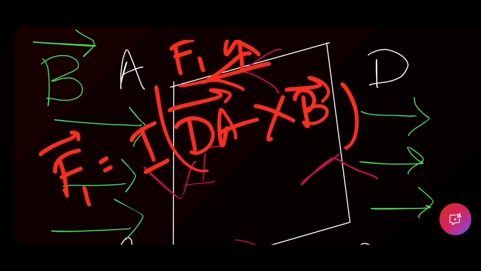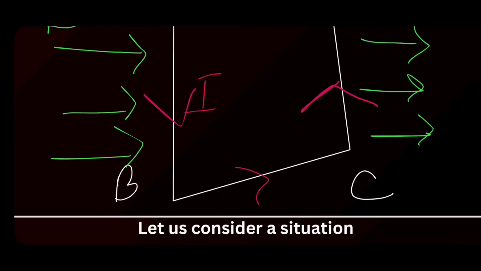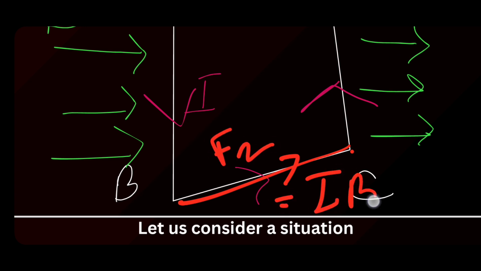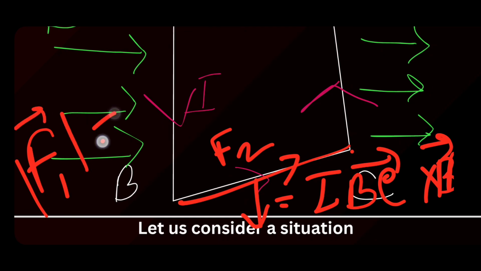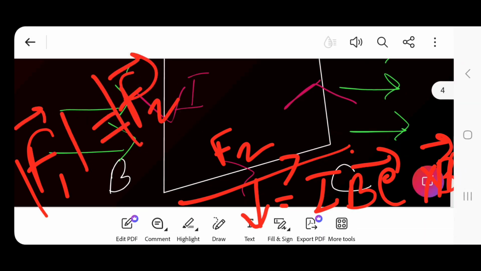Similarly, for the element BC, B to C, the force F2. F2 is I BC cross B. And the direction of F2 will be downward. The magnitudes of this force F1 and F2 are equal, but the direction is opposite.